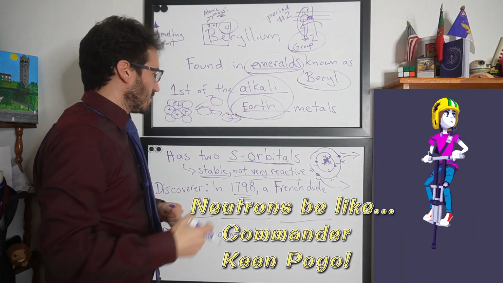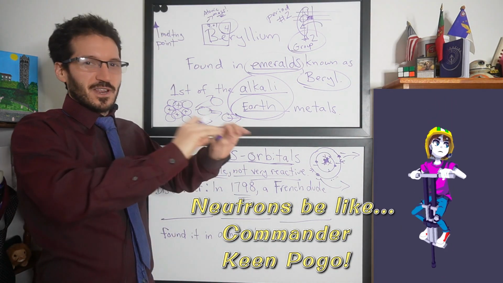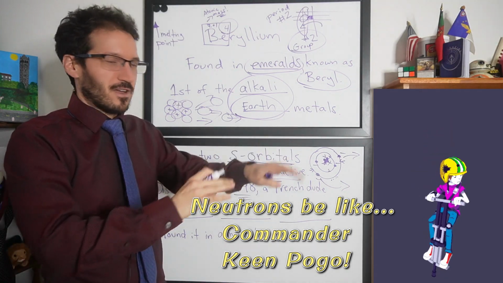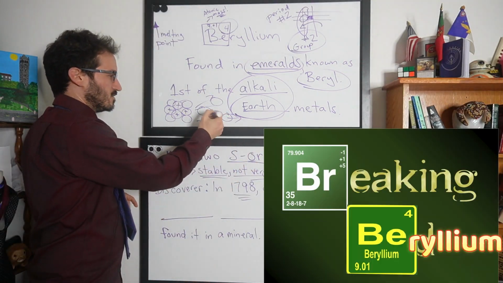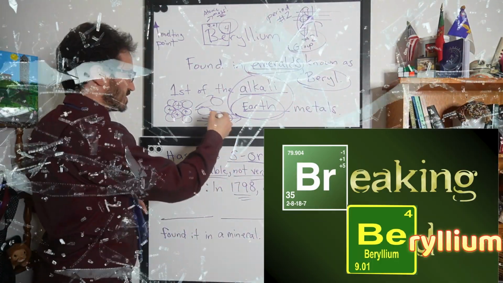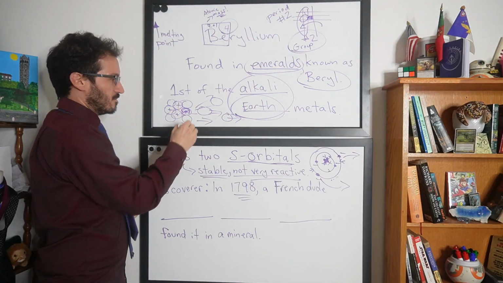For some reason it's really good at deflecting neutrons and bouncing them around. Another thing that can happen is sometimes the neutrons, if they move fast enough, can actually break apart pieces of beryllium.